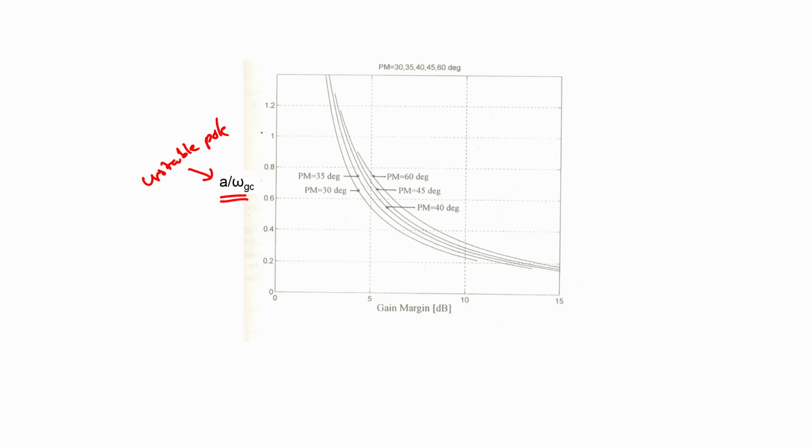We can use the same graphs to tell us what is the minimum gain crossover frequency necessary for a specified phase margin and a specified gain margin.